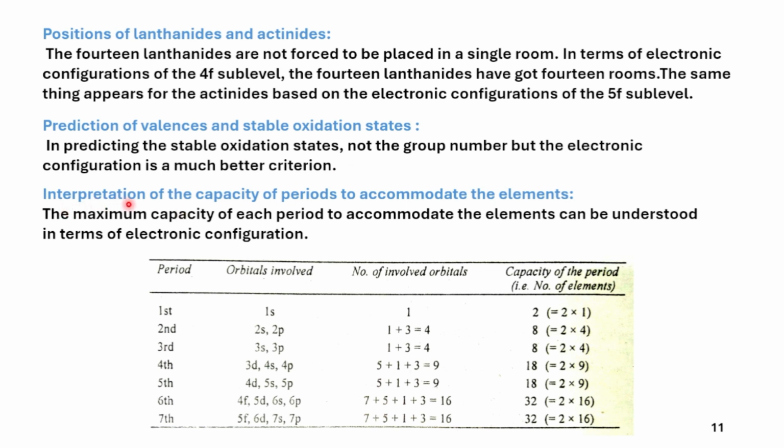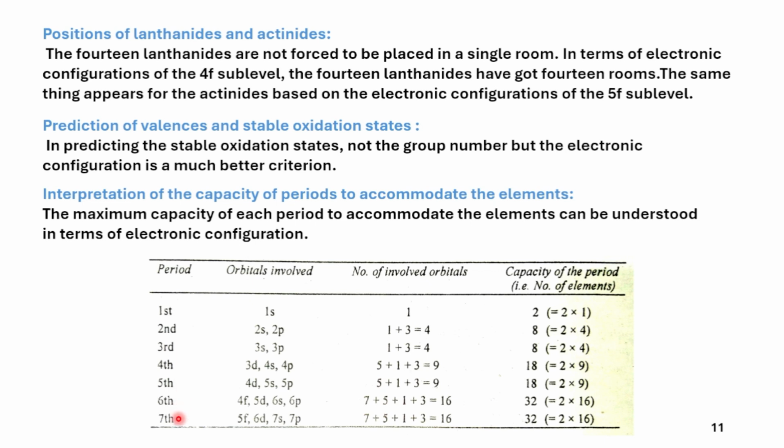Now, interpretation of the capacity of periods to accommodate the elements. The maximum capacity of each period can be understood in terms of electronic configuration. As we have seen, in the first period there are only 2 elements, in the second and third periods 8 elements, in the fourth and fifth periods 18, and in the sixth and seventh periods 32 elements.